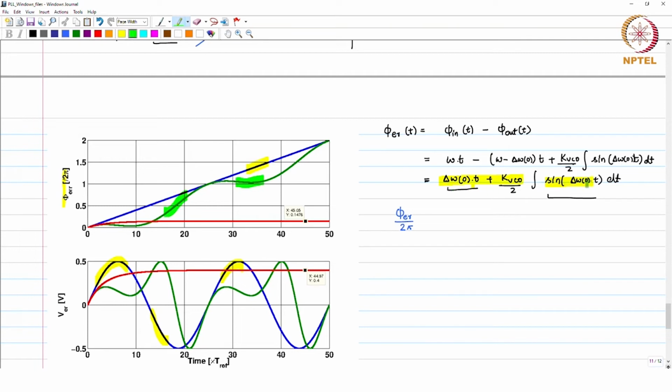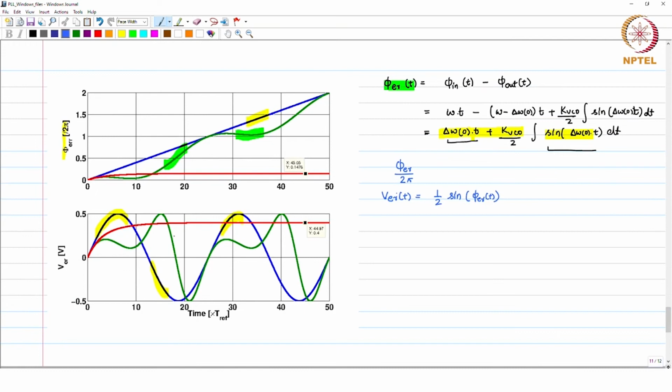Okay. All these things were in open loop, and in response to this phase error, now you are going to have your error voltage, that V error of t happens to be half of sine of phase error of t.